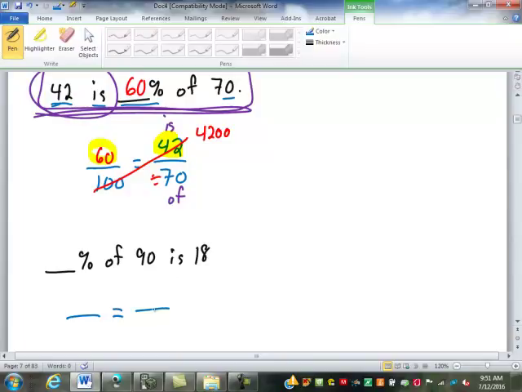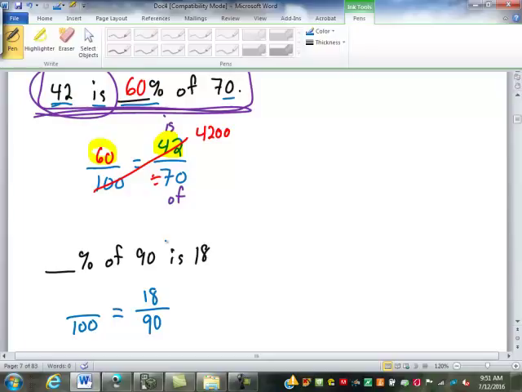Do I have the percent here? No. So what do I do? Blank over 100. Perfect. Then what? Okay, over here, 18 over 90. Now, off what I just said, of course, you see the is between the 90 and 18. So which one does it go with? Well, the of is by the 90, so the of has to go with the 90.